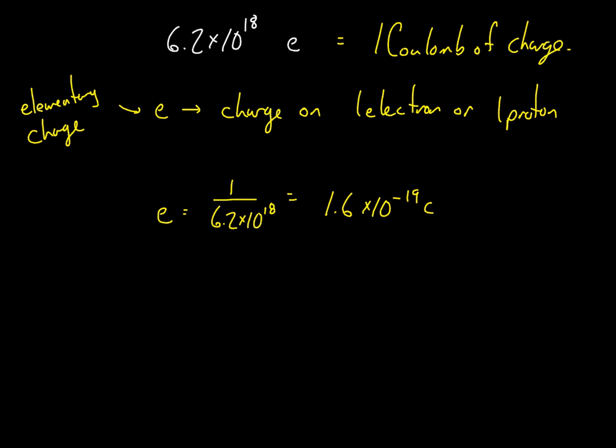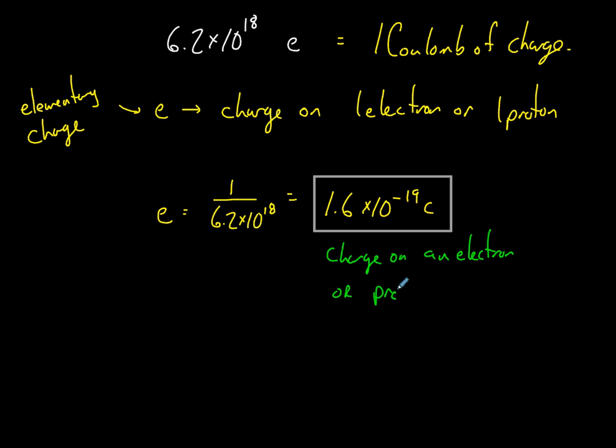So in terms of coulombs, this is the charge on a single electron or proton. Symbol-wise, E with a negative sign is the symbol for an electron, and for a proton, it's just P. I don't know who comes up with these things, but there it is.